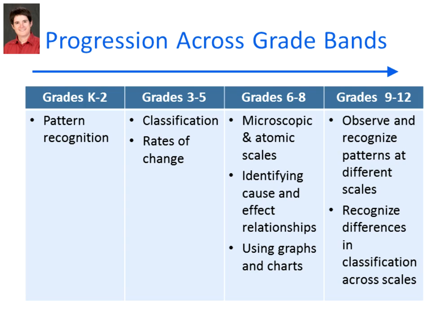And then finally, when they get into high school, students are really expanding across scales, observing and recognizing patterns not only at the microscopic and atomic scales, but also landscape scales, or even larger when we think about the solar system and the universe. So recognizing that patterns look different across scales, and sometimes we have to go to different scales to see these patterns.